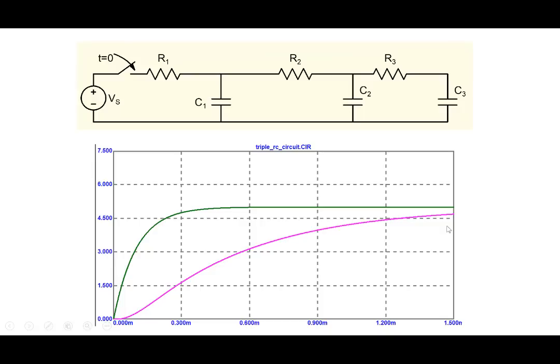We want to ask which one do you think is the voltage across C3 and which one is the voltage across C1 out of these 2. So think about it, find out, justify it.